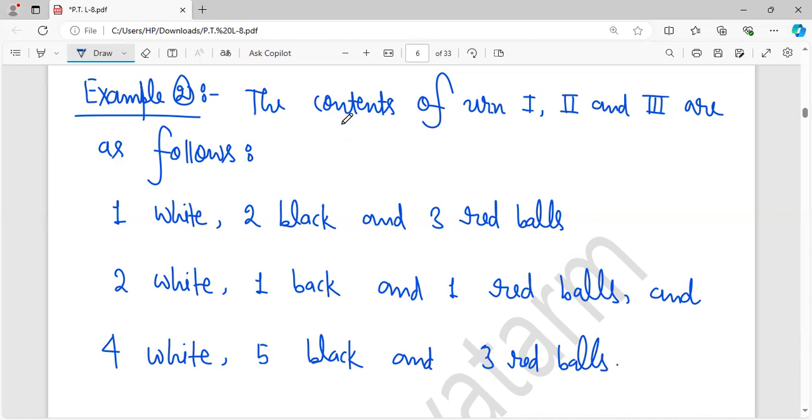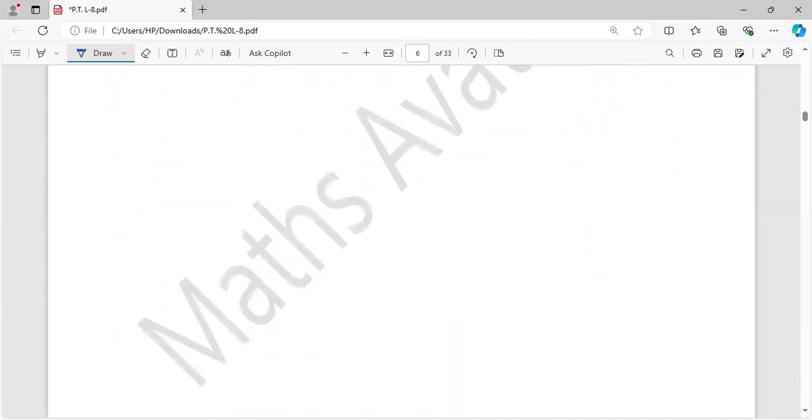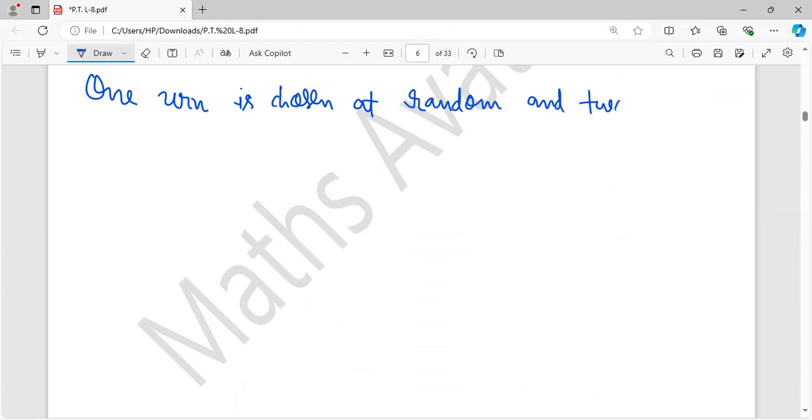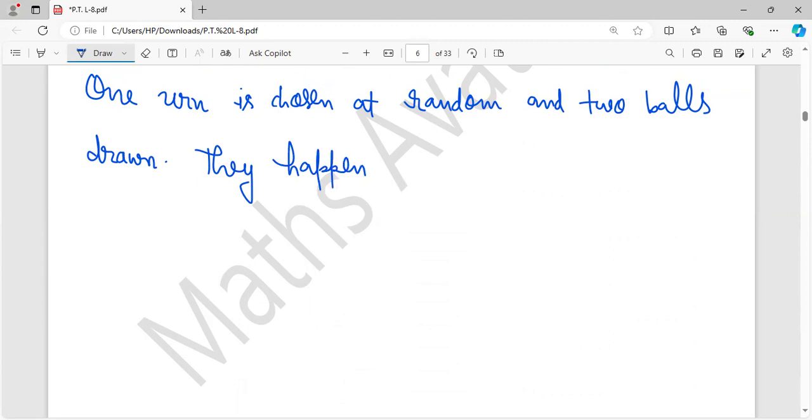One urn is chosen at random and two balls are drawn. They happen to be white and red.